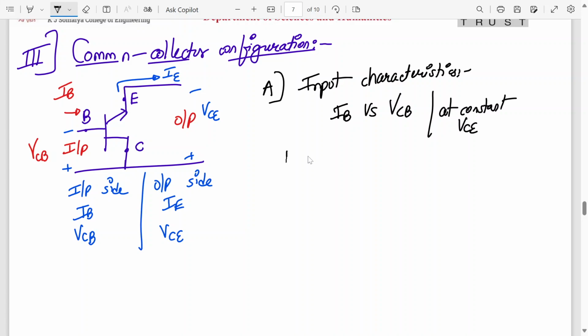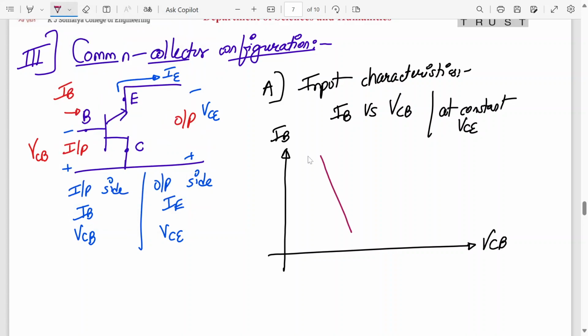So let's draw that graph. This is IB versus VCB, and the graph looks slightly strange like this, for different values of VCE, where VCE2 is greater than VCE1.